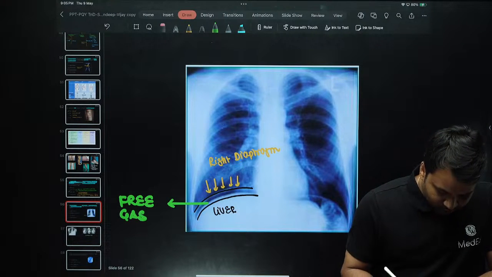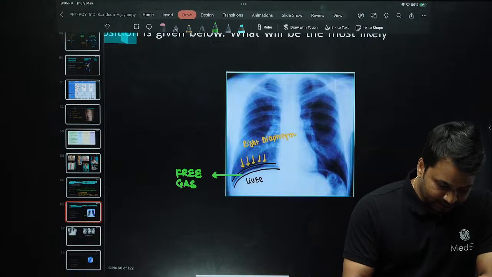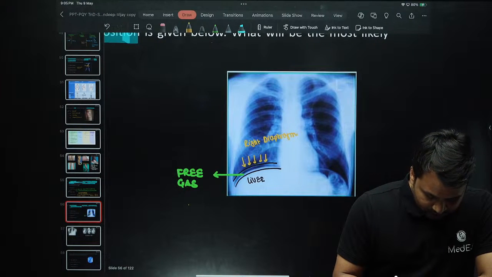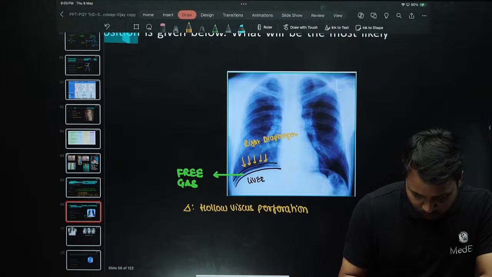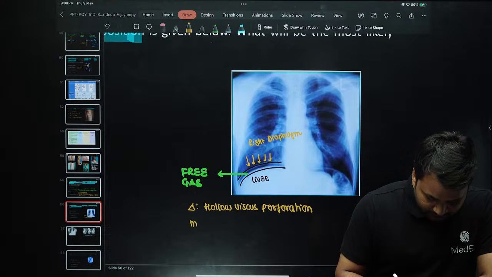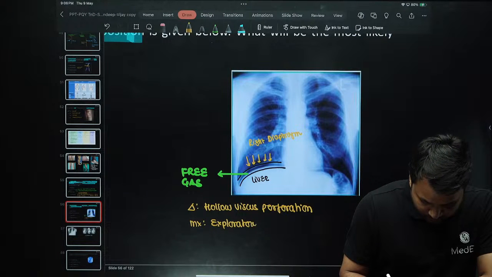So presence of free gas under right hemidiaphragm gives you a conclusive diagnosis of hollow viscus perforation. And whenever you have a patient with hollow viscus perforation, the management is going to be exploratory laparotomy.